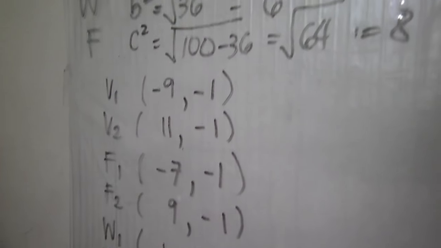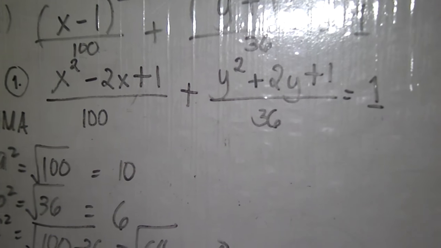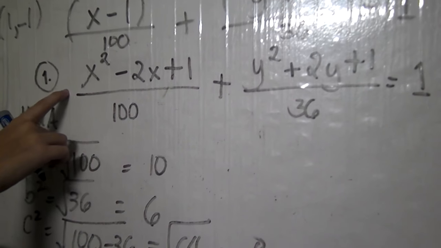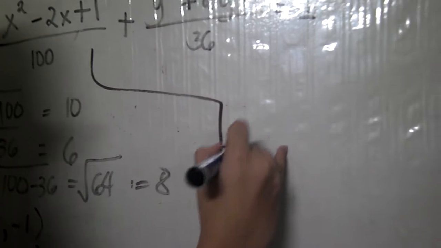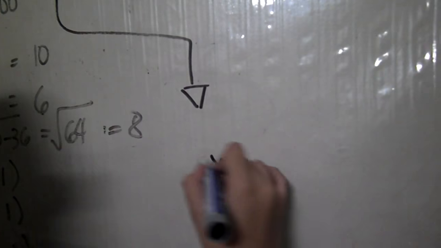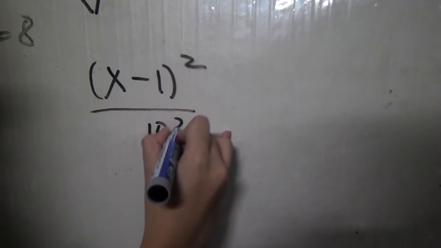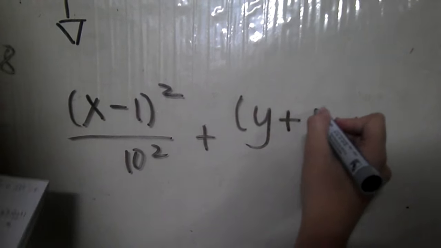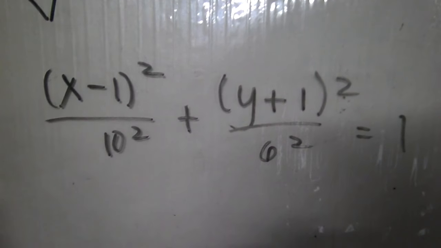And for finding the standard equation form of the ellipse, we need to factor this out. If we factor it out, the equation will be (x minus 1) quantity squared over 10 squared plus (y plus 1) squared over 6 squared equals 1.